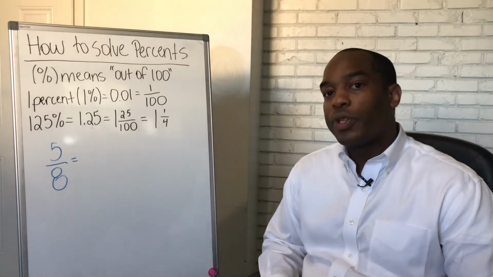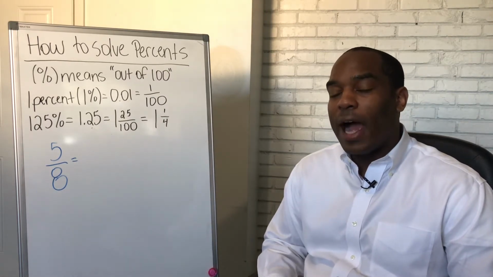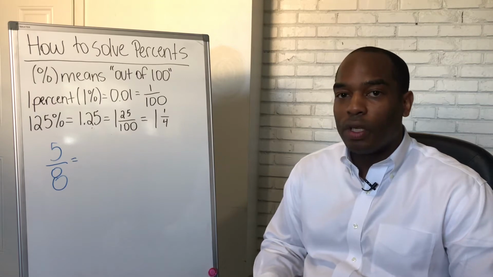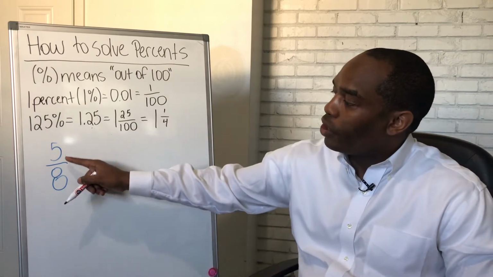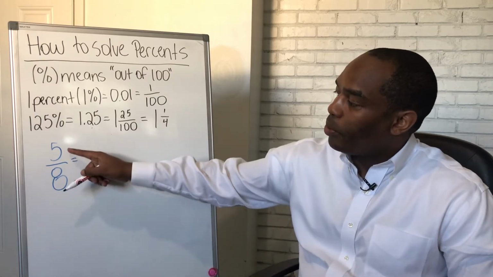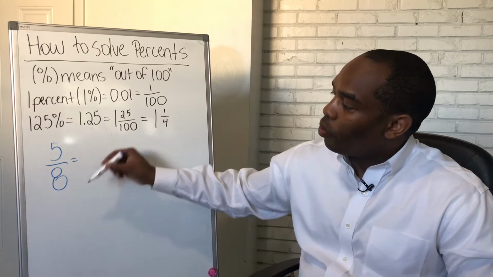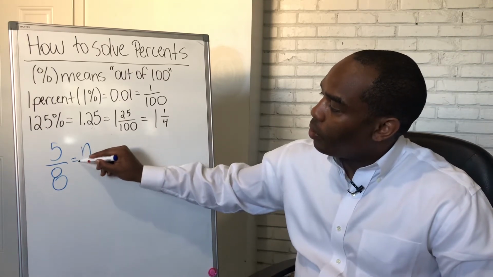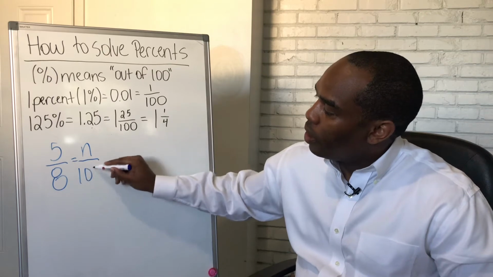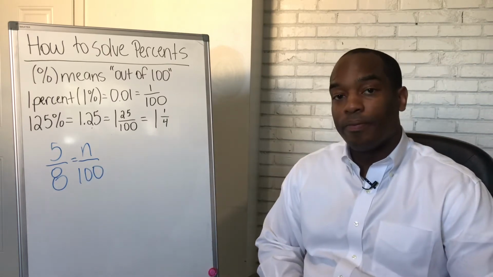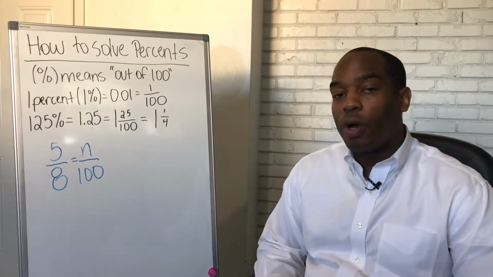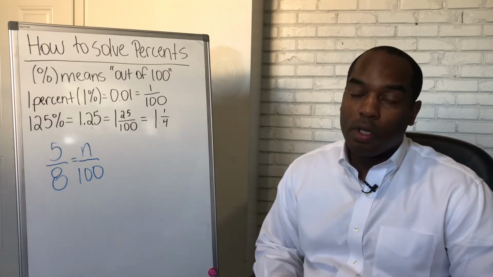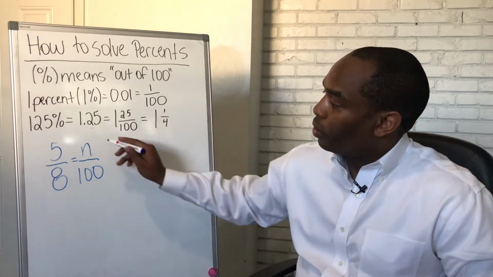Remember, a percent is a number out of 100. So I simply put that fraction equal to n out of 100, and then I'll use the cross multiplication principle to answer this question.